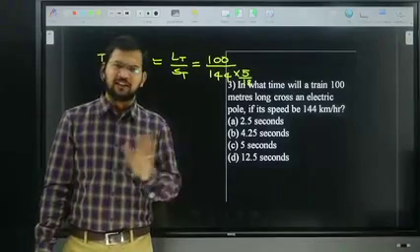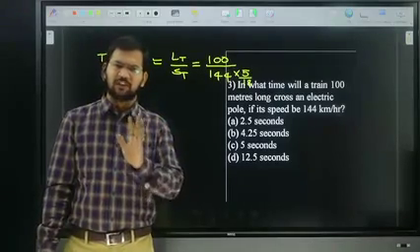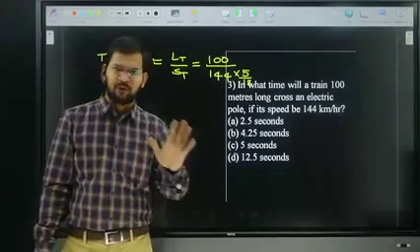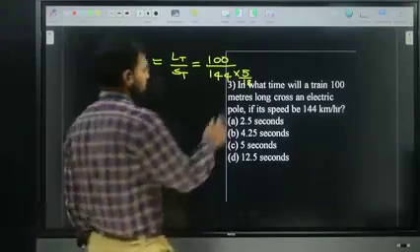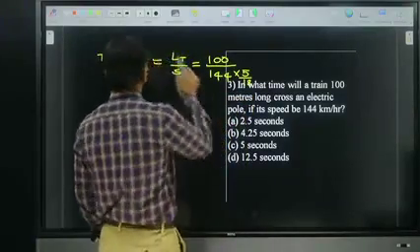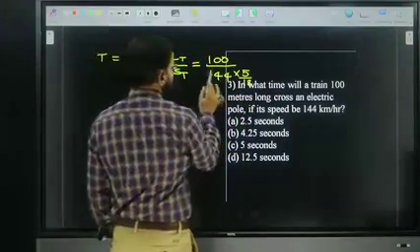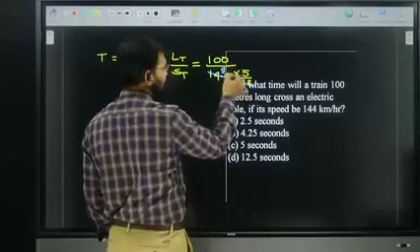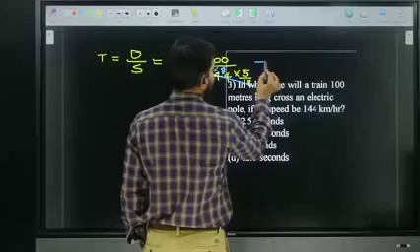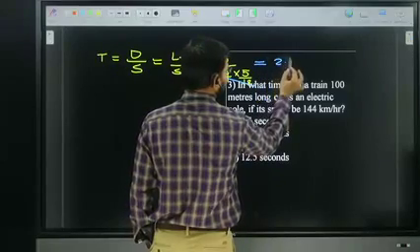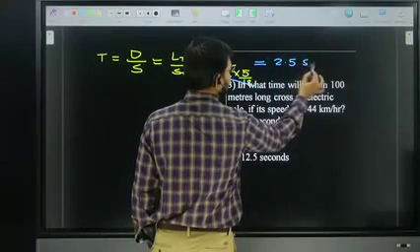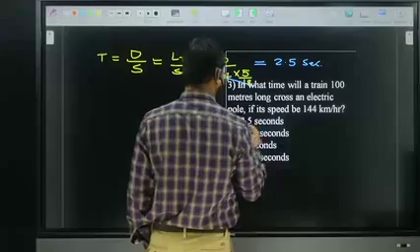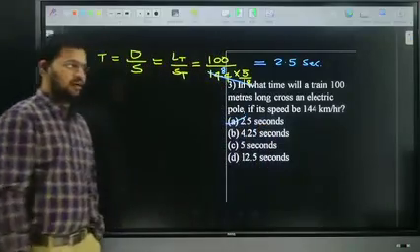If the train length is in meters, the speed must also be in meter per second. So look at me, all of you. 144 into 5 by 18 is 40. So 100 by 40 is nothing but 2.5 seconds. So your answer is 2.5 seconds. All of you clear?